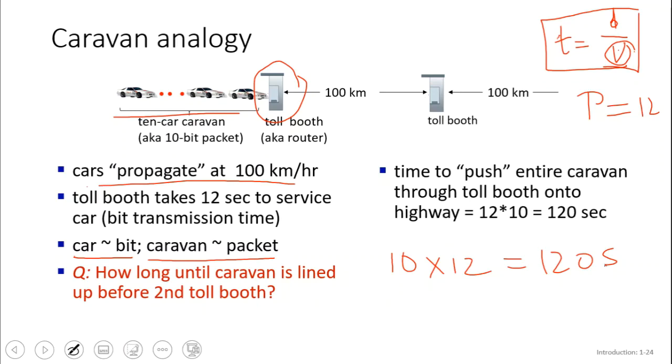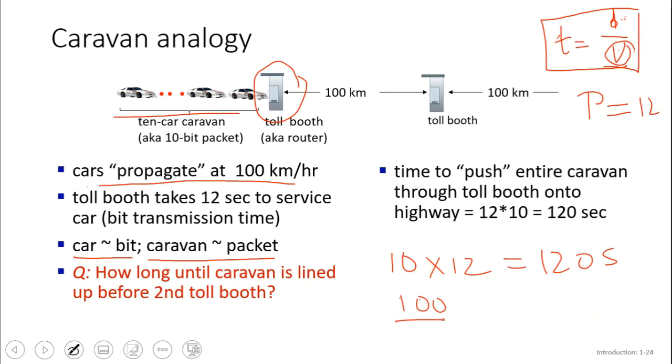But now, for the entire caravan to finish and get to the second booth, we have the distance. All the cars are done, the caravan is lined up, and they're going to the second booth. How long will it take, right?